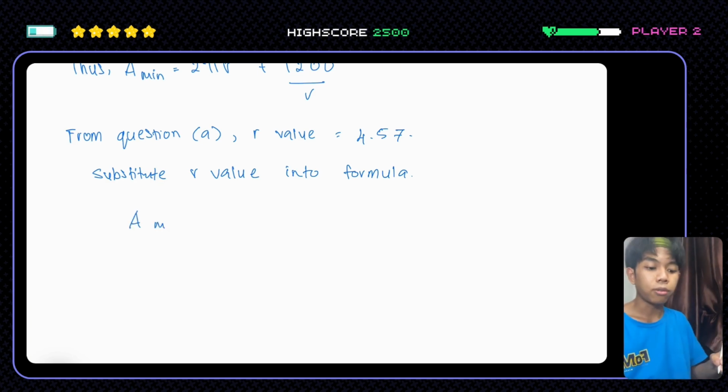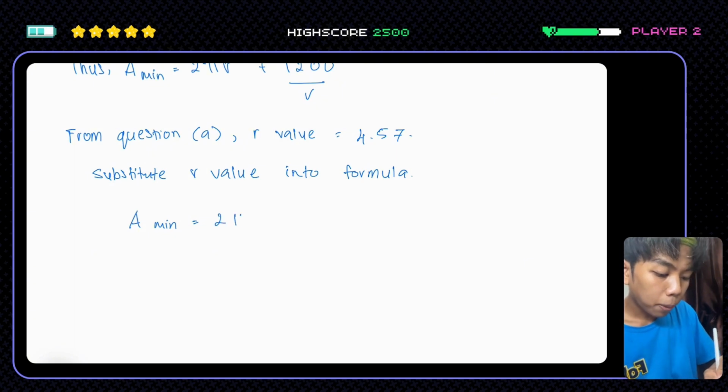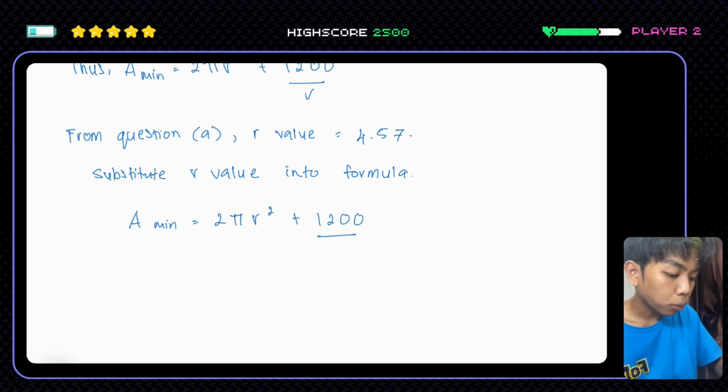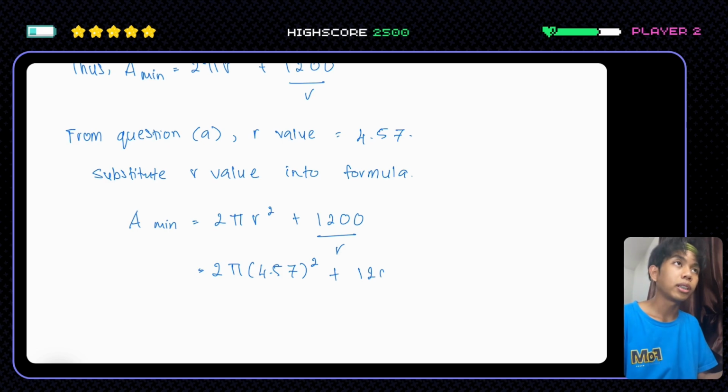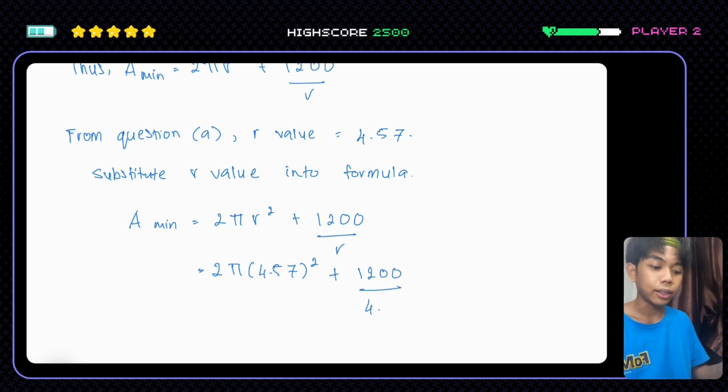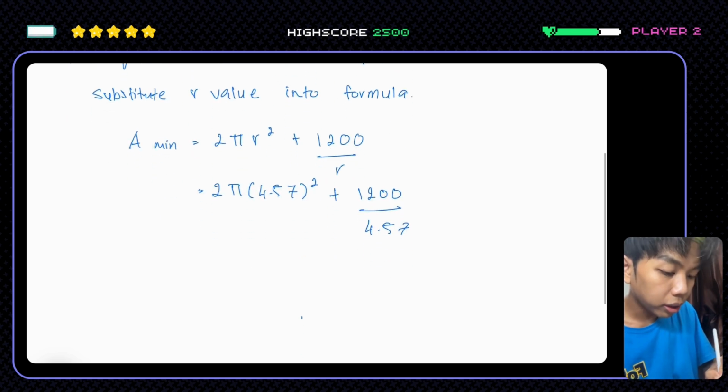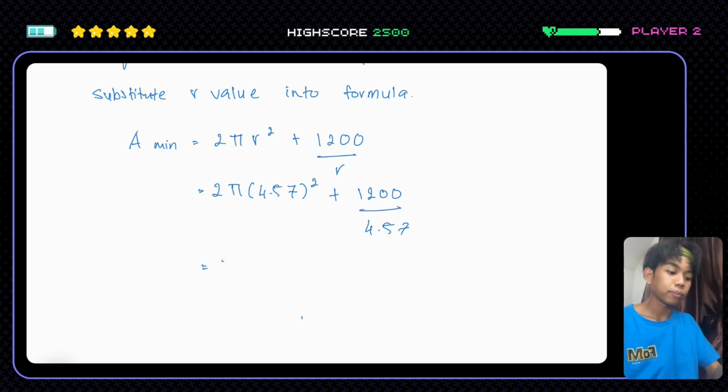Then we substitute the r value: 2π times 4.57 squared plus 1200 over 4.57. When we calculate this, we get that the minimum value for the surface area of the container is 393.81 cm².